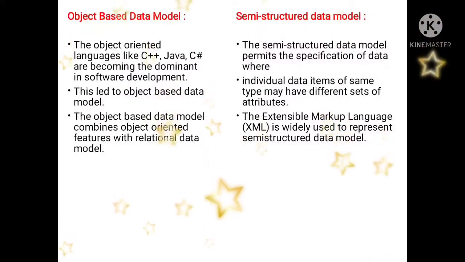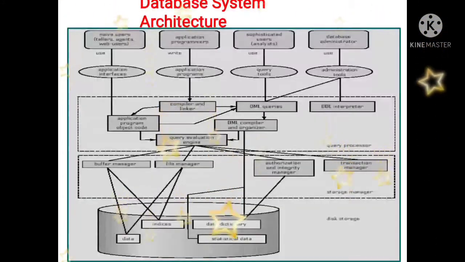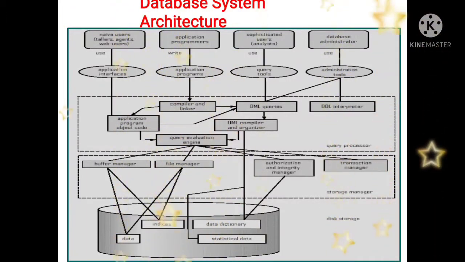So next we are going to see about database system architecture. In that, first we have the users. The users are naive users, application programmers, sophisticated users and the database administrator. The architecture is divided into three parts: query processor, storage manager and disk storage.